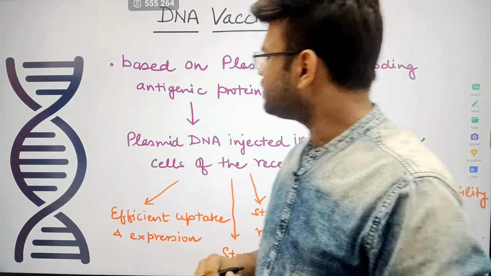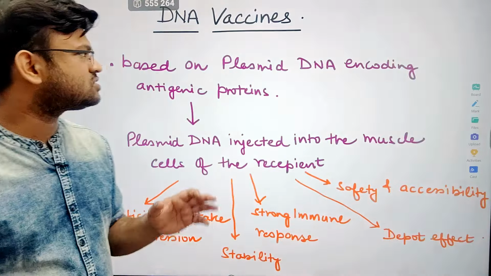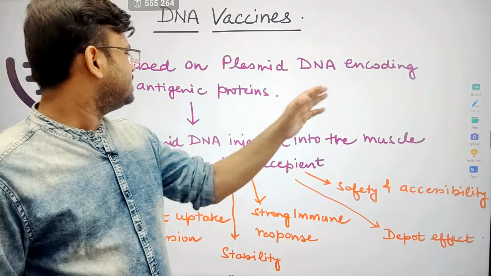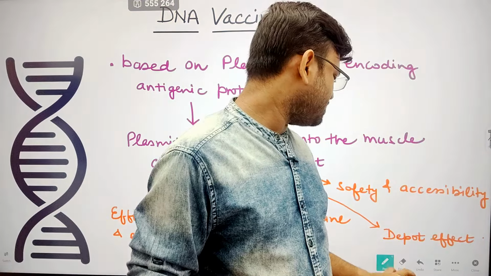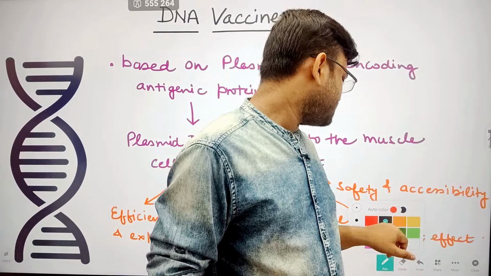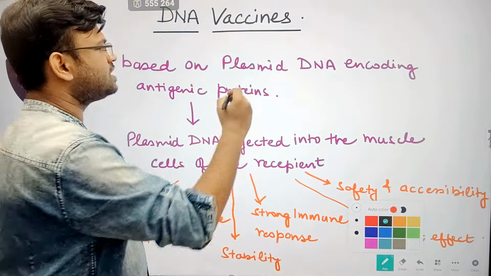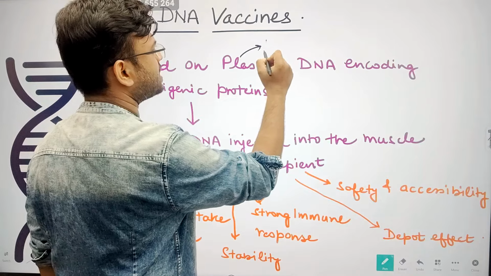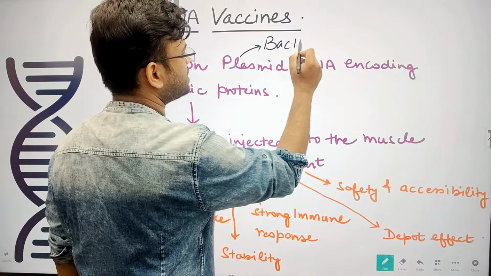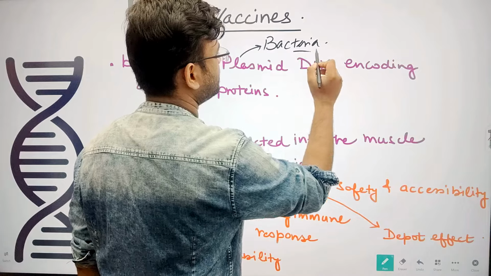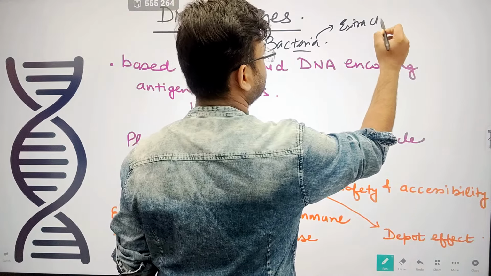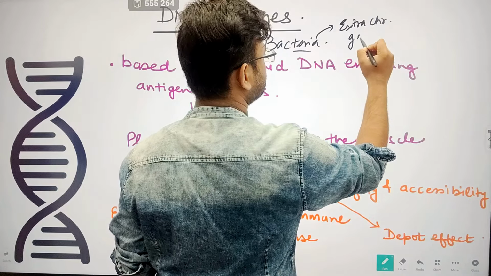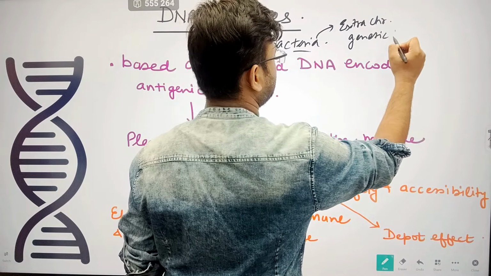Introducing DNA vaccines: they are based on plasmid DNA encoding antigenic protein. What do you mean by this? What do you mean by plasmid DNA? Understand this: the term plasmid comes from bacteria.